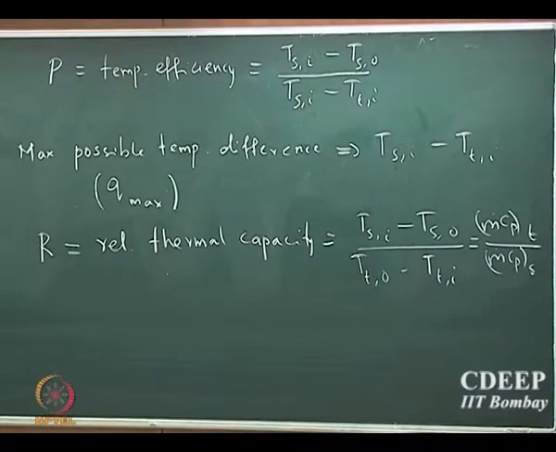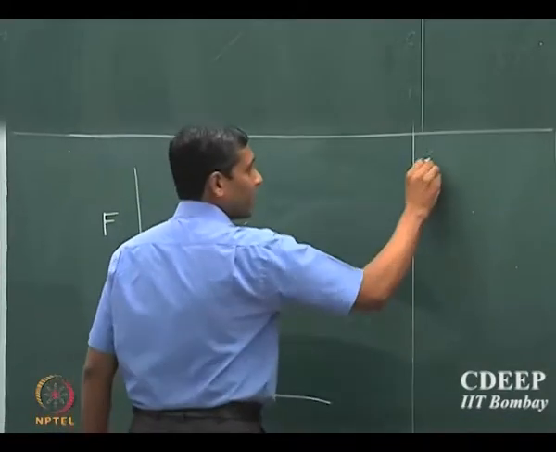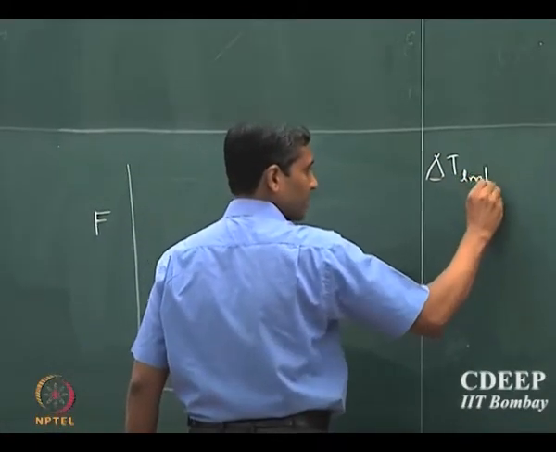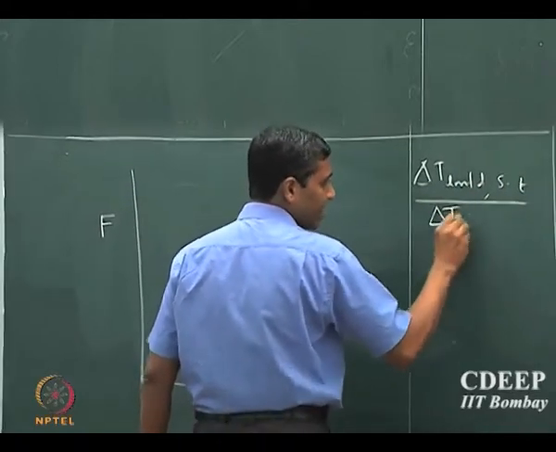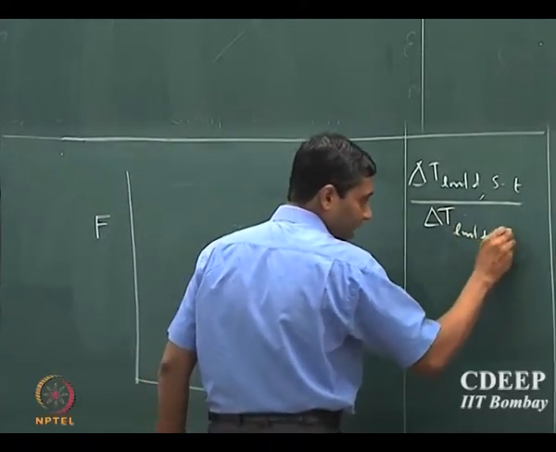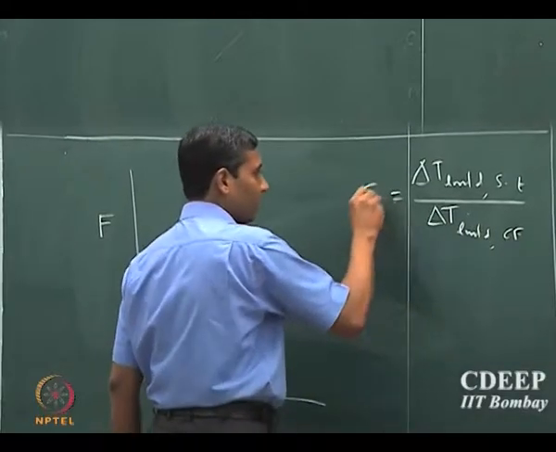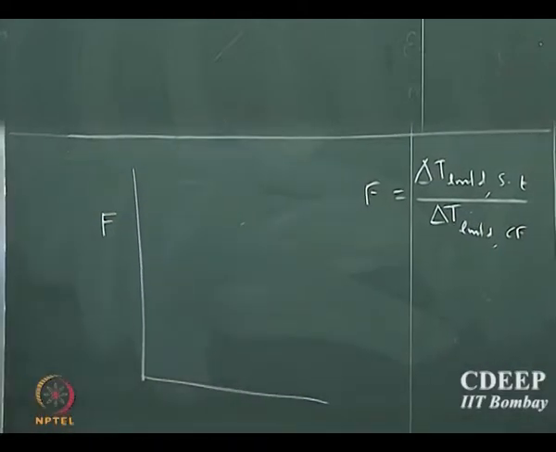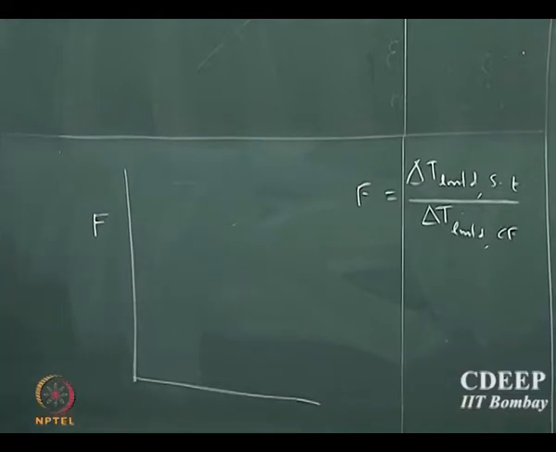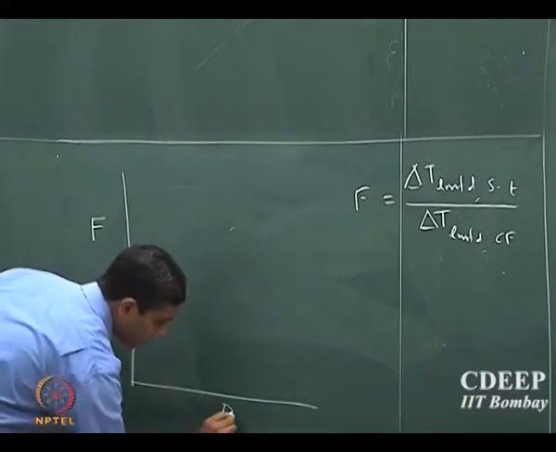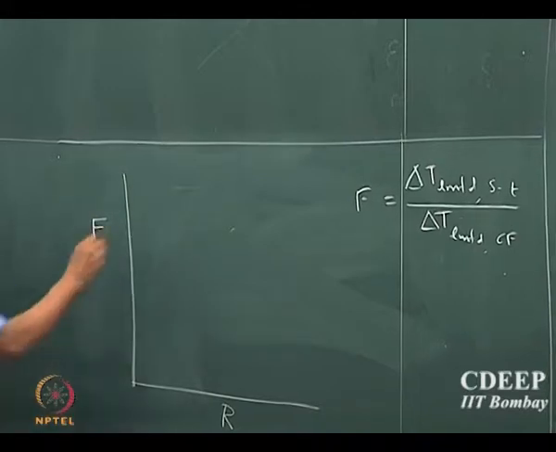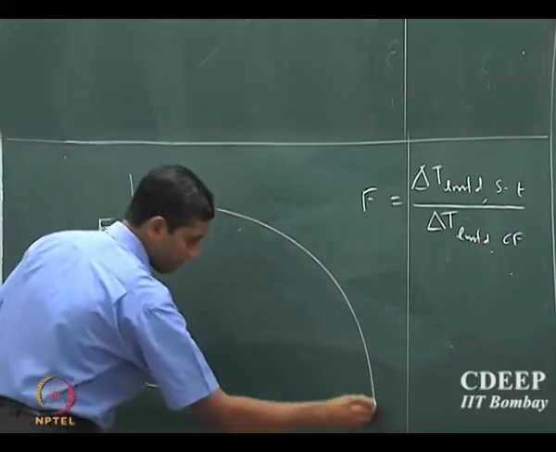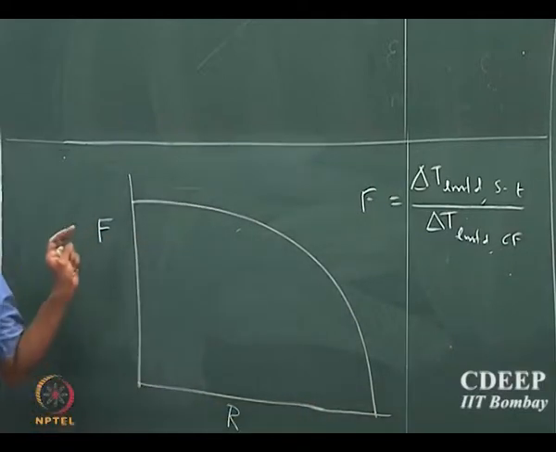Okay. So, this factor F is basically the delta T LMTD of the shell and tube heat exchanger divided by the delta T LMTD of an equivalent counterflow. If I sketch the graph against R, which is the relative thermal capacity, what I would see for a fixed P, note that these expressions have all been derived.